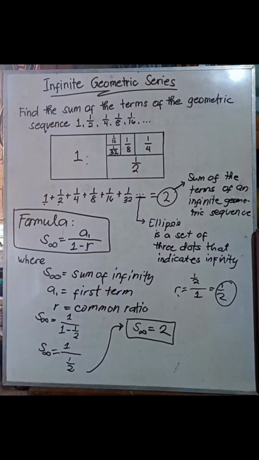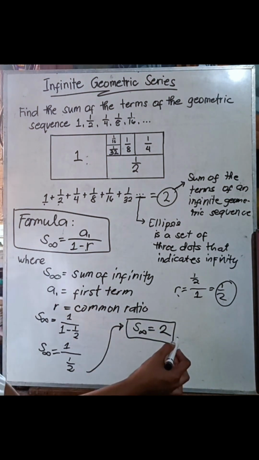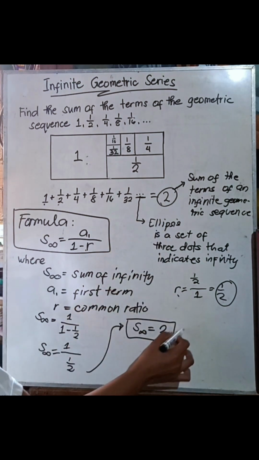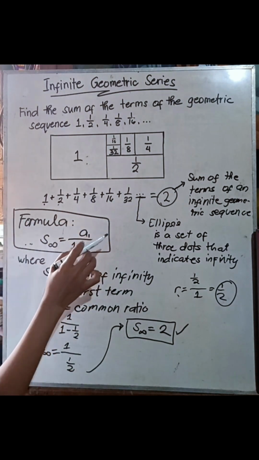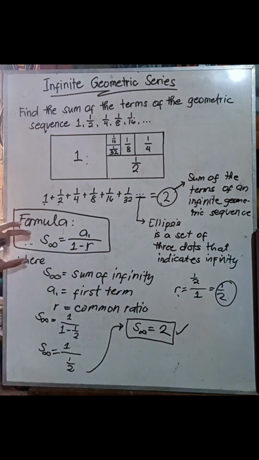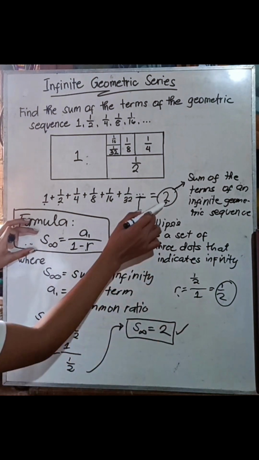Now, same lang ba siya? Ganiha. Ang answer na to. Same lang siya. Diba? We tested the formula. Using this formula, we can also get the same answer kung mugamit ta ani and also kani. So, same silang duhag answer.